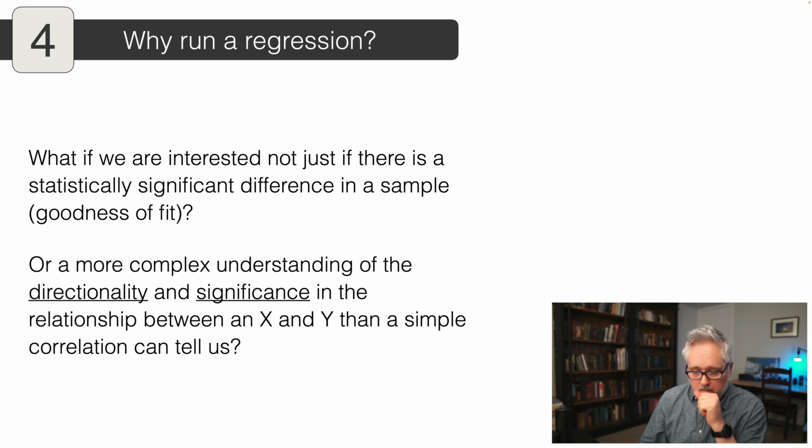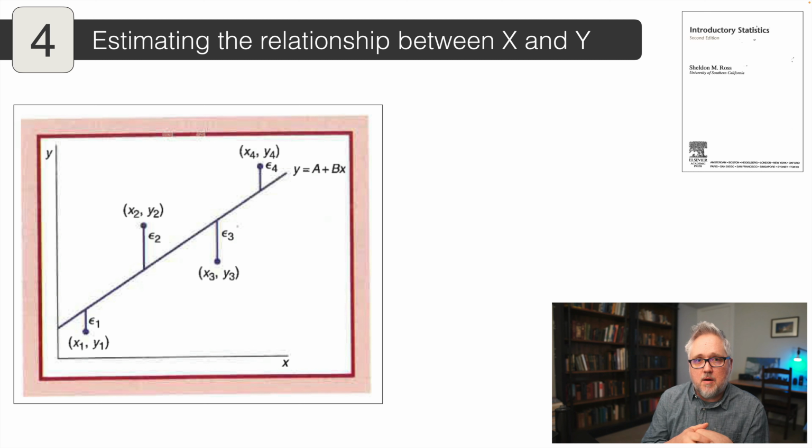This pushes us towards more sophisticated analysis, but one that taps into a similar kind of effort at trying to look at the distances between what a particular value is from a predicted average value.